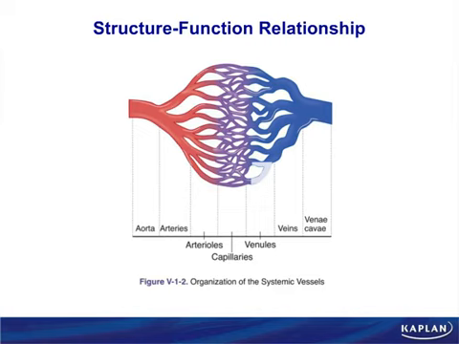So the blood draining the systemic vessels is low in oxygen, high in carbon dioxide, so venous blood. We get the exact opposite when we get to the pulmonary circulation. So notice the big branching and also the idea that we exchange these groceries at the level of the capillary.